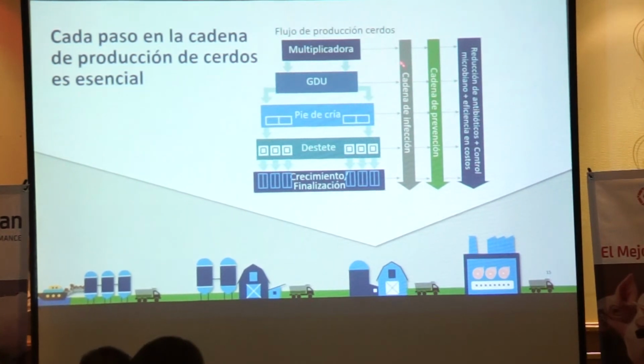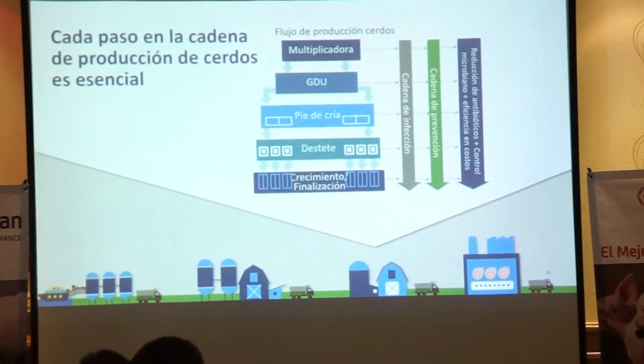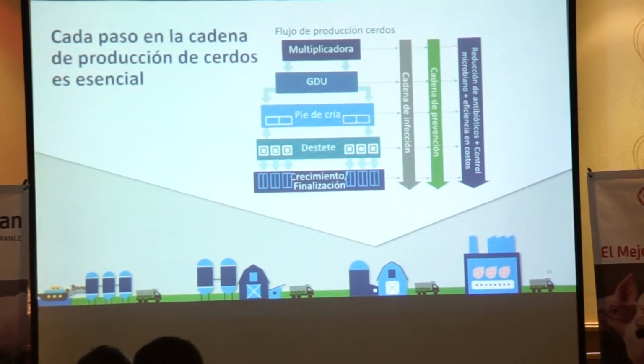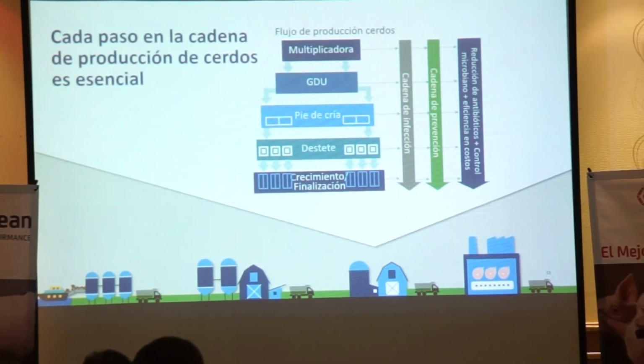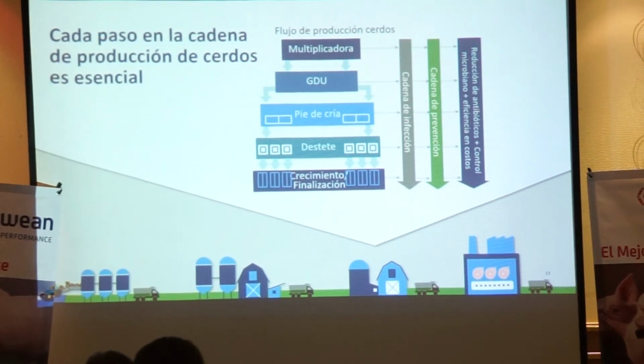By taking a look at the complete infection spread in the production chain, we can also have a look at the complete prevention within those chains. Looking at the transmission going from level to level, we would like to analyze and give you the best advice.